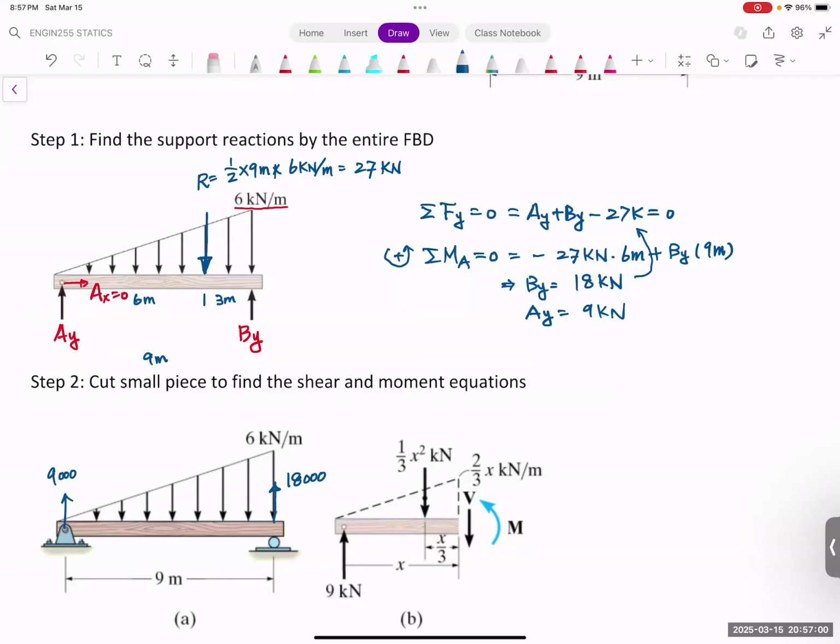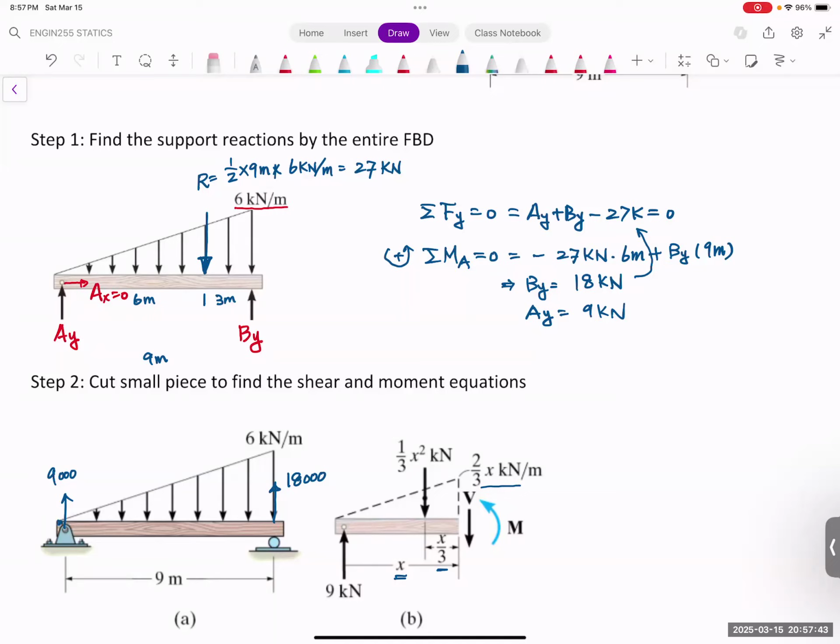Then we can go from the left to the right, and whatever x you choose, you're going to have a triangle. You have to find the resultant force and the resultant position, which is this position, right? So for the height of this distributed load, it depends on how much x is.